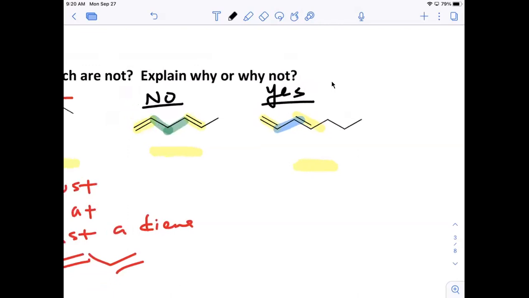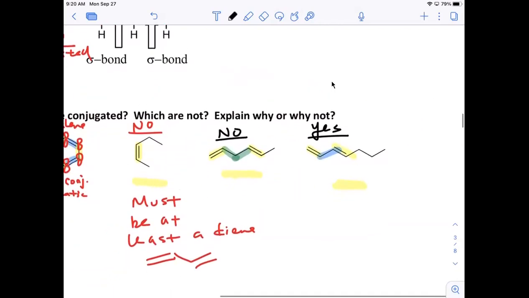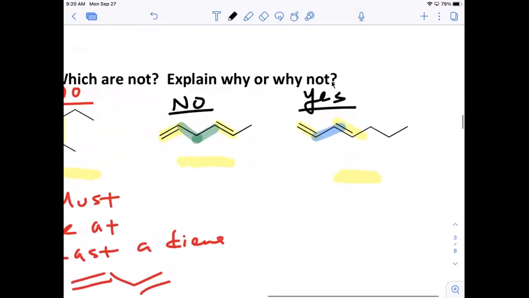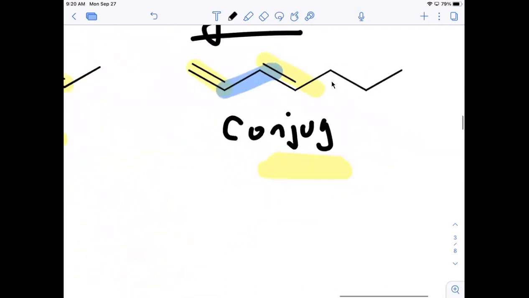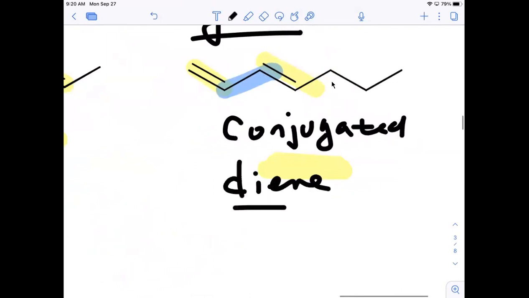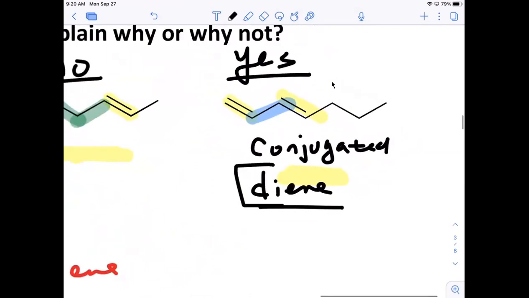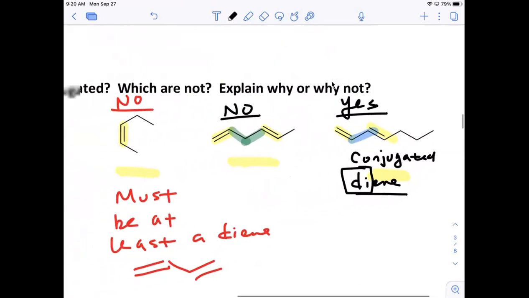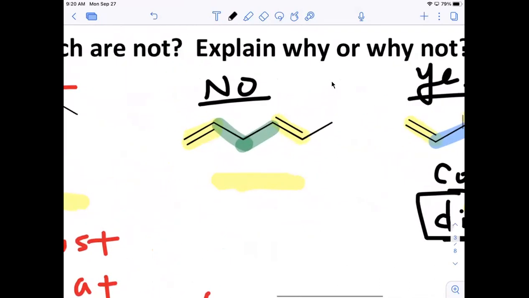And this is an example, just like we looked at up top, of what we call a conjugated diene. Di meaning two, ene meaning alkene, so it's a diene. Same thing here. This is also a diene, but it's not conjugated.